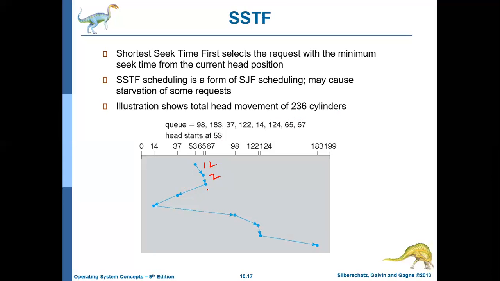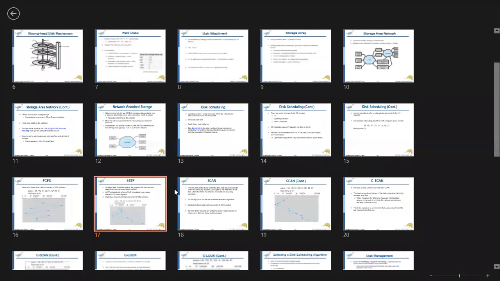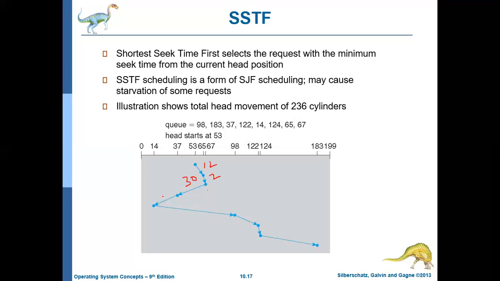Then 67 to 37 is 30. Then 37 to 14 is 23.